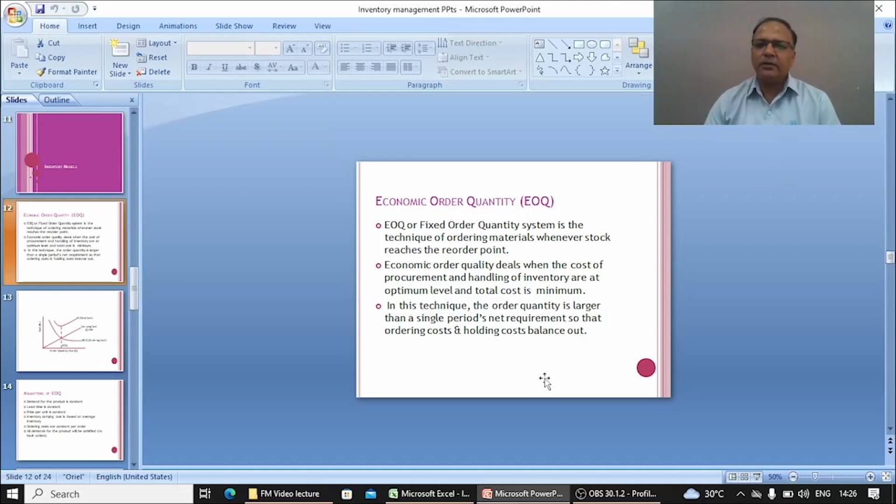I am again repeating that whenever we get a quantity from the economic order quantity model, it will be an amount of order where we have total cost at its minimum level, and total cost means the summation of ordering cost and carrying cost.